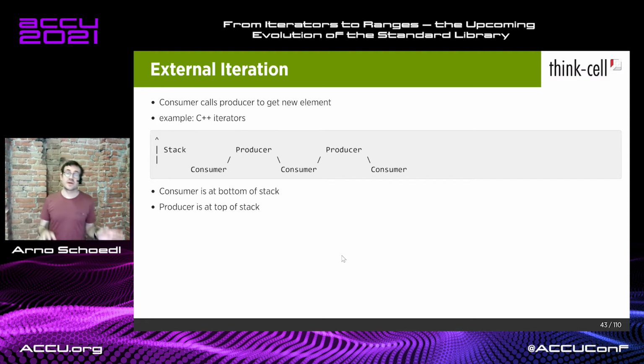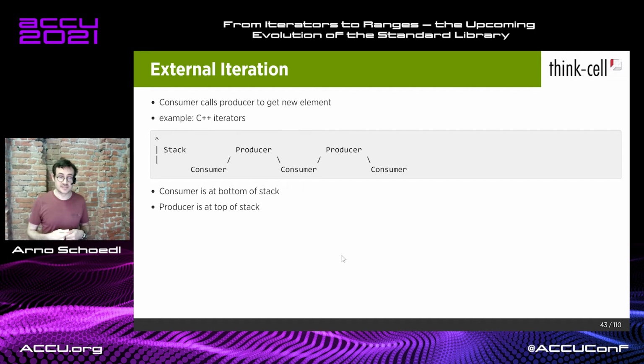First of all, what are we actually doing here? C++ iterators do what's called external iteration. So you have the consumer sitting at the bottom of the stack, and it calls into the producer when it wants an element. So every time you call *it, you call a function, you call up the stack, and that generates the object that you want, or a reference to it, and returns it to you.